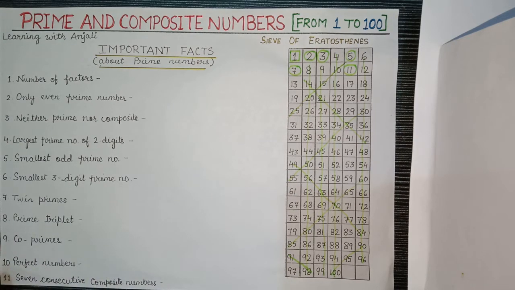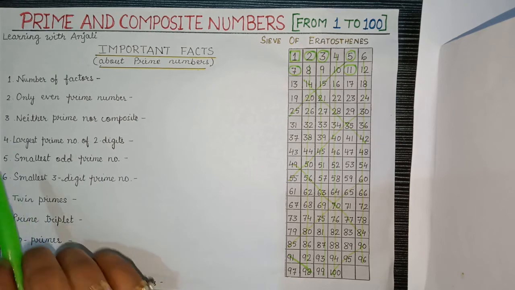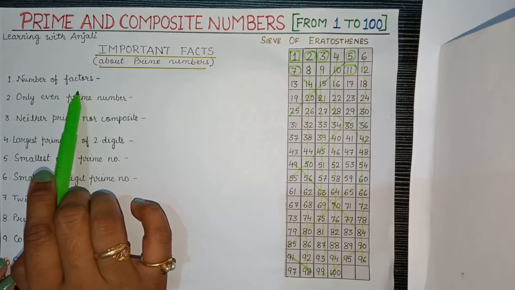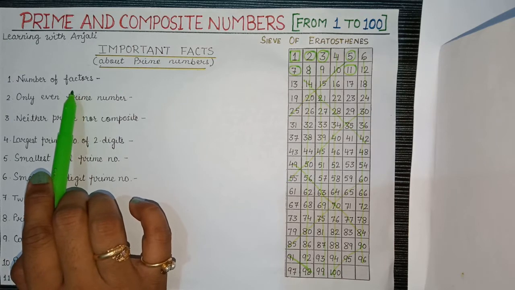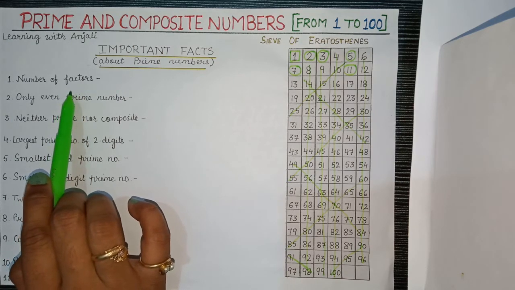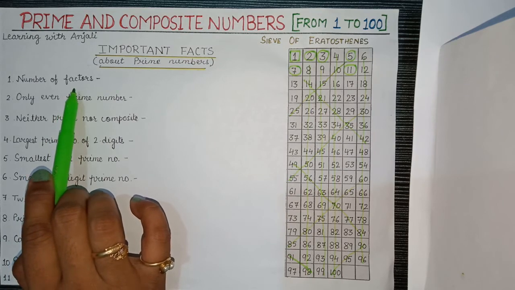Let us start with some important facts about the prime numbers. First is number of factors. In the prime numbers, there are only two factors of any number.